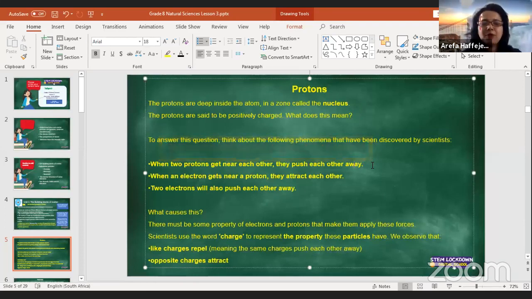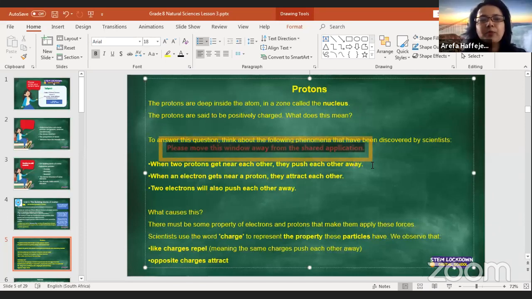There must be some property of electrons and protons that make them apply these forces. So scientists use the word charge. Charge is used to represent the property these particles have. Now we observe that like charges repel each other. Repel means that the same charges push each other away, and opposite charges attract each other.